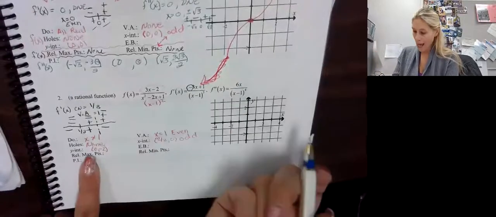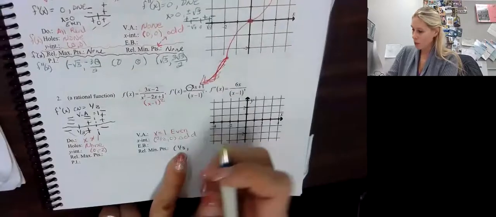Okay, so it looks like we have a decreasing to increasing, right, at 1/3. So that means a min at 1/3. And of course, we need to plug back into the original to know what the y value is. And I just noticed, guys, that I forgot the end behavior, so we'll do that in a minute.